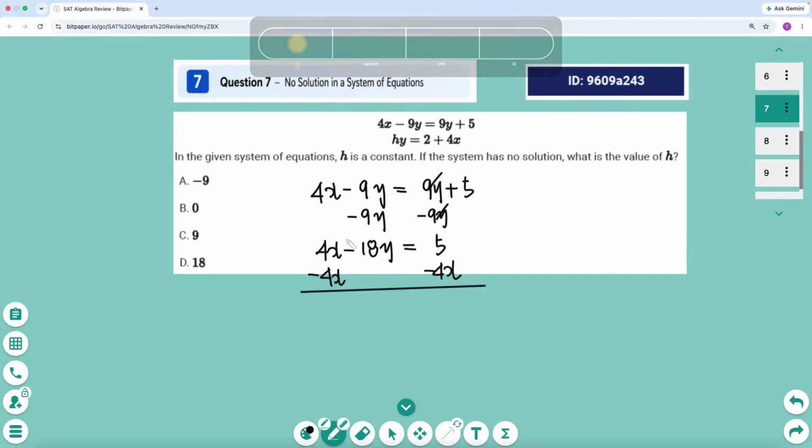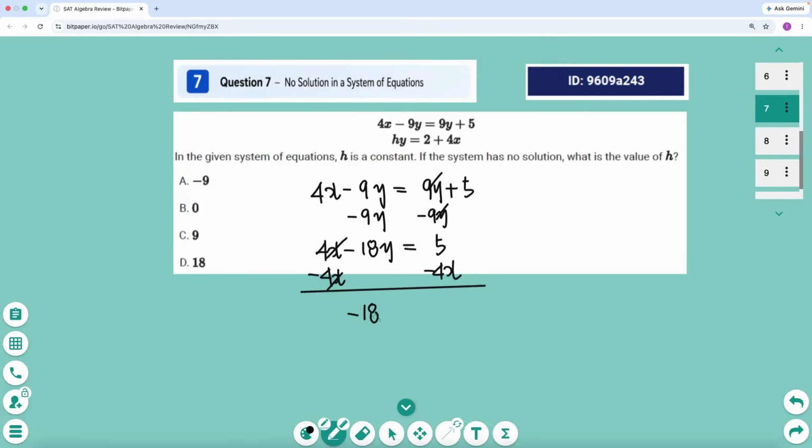This gives negative 18y is equal to negative 4x plus 5. Divide each term by negative 18. So y equals negative 4 over negative 18, which is 2 over 9, so 2 over 9 x minus 5 over 18. So the slope of the first line is 2 over 9.